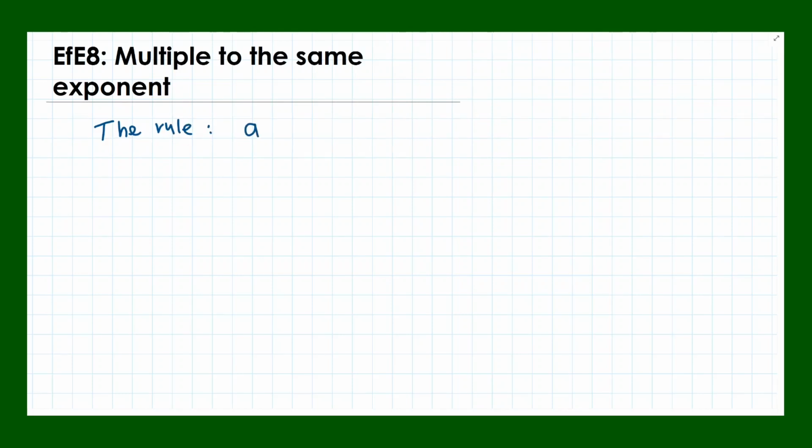When you have two numbers multiplied together, let's say a and b, but you raise them together to the exponent n, that's exactly the same as a raised to the n multiplied by b raised to the same power. Now, you have to be very, very careful here, because (ab)^n is absolutely not equal to ab^n.